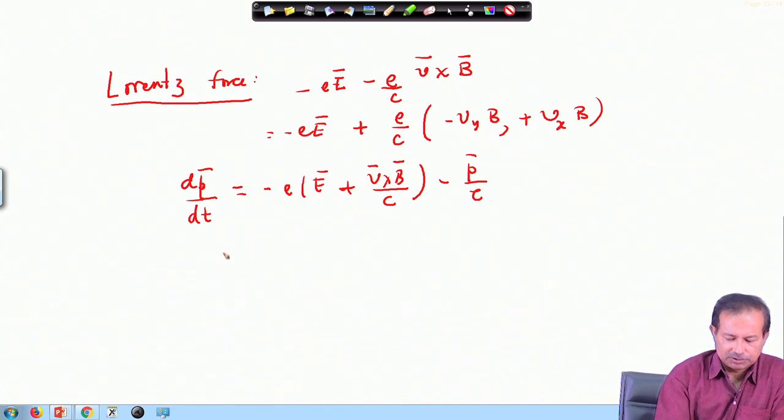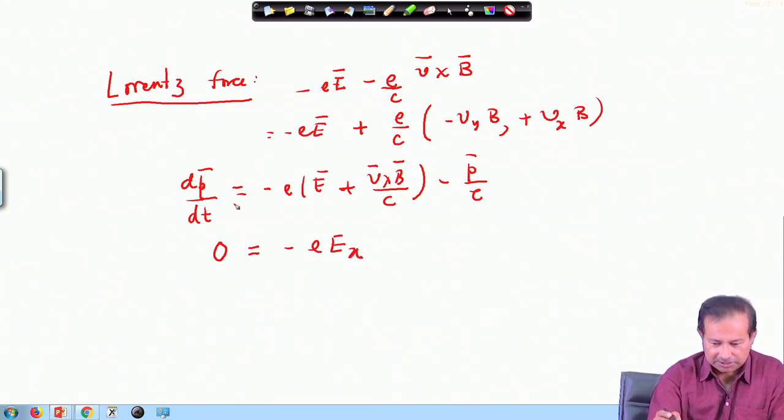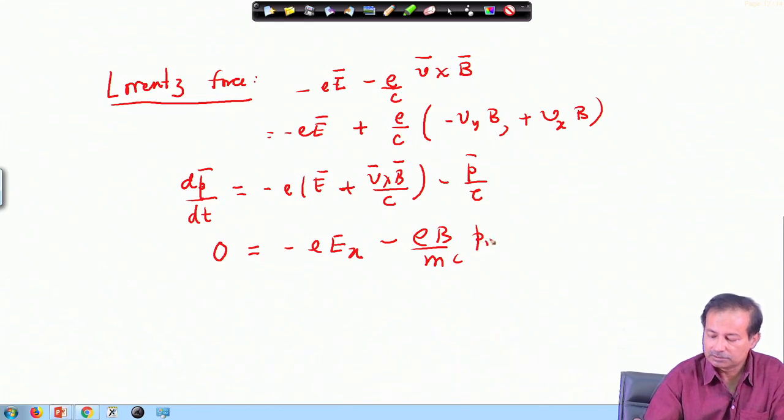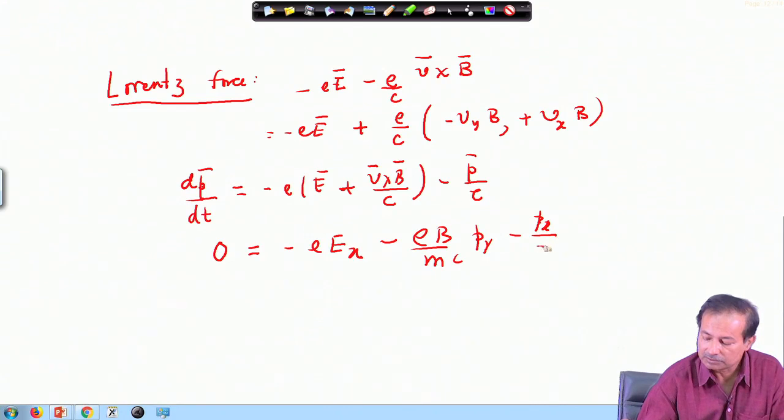So, therefore, I have two equations. One is for the x component, which is minus e E_x. Remember, the field I started with was along the x direction, but then another field has now generated, in the y direction, because of this term. So, I have to keep both the fields: minus eB by mc into p_y minus p_x by tau.